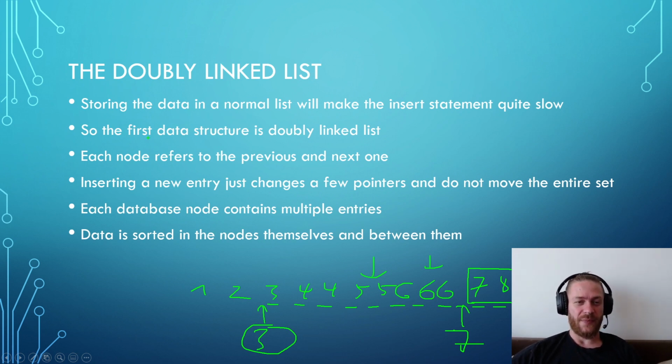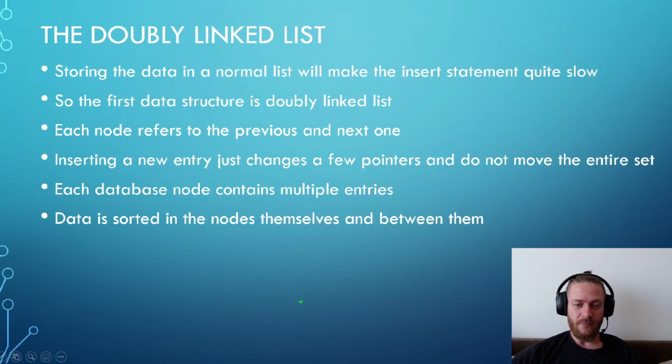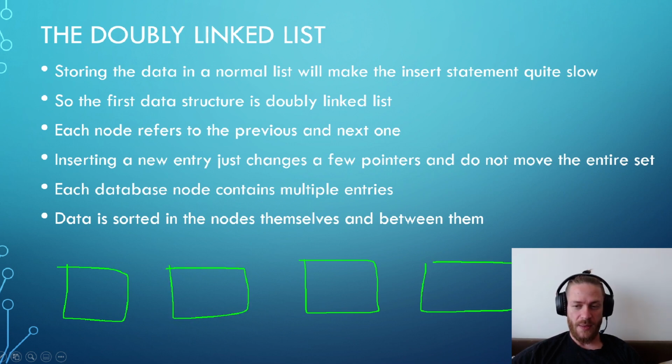This is why the data structure the indexes use is a doubly linked list. It's essentially a list which is stored in the following way. The doubly linked list has nodes.